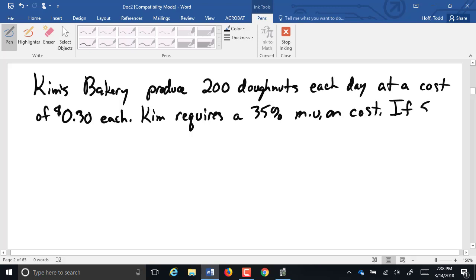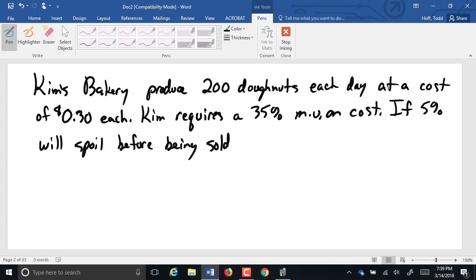If 5% will spoil before being sold, but where does that 5% come from? Well, that's just a historical number. Kim knows that in the past, about 5%, about 1 out of every 20, is still sitting there at the end of the day.